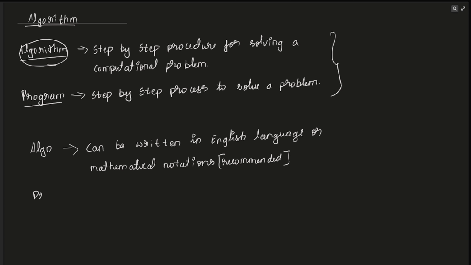Whereas a program can be written in many languages, as we all know. It can be written in Java, C, C++, Python, and many other languages. And the second question is, what should be done after writing an algorithm and a program?